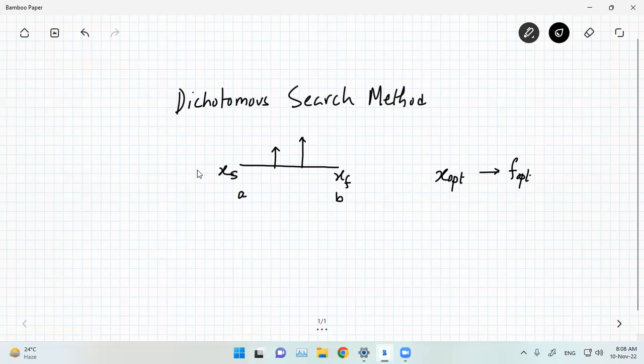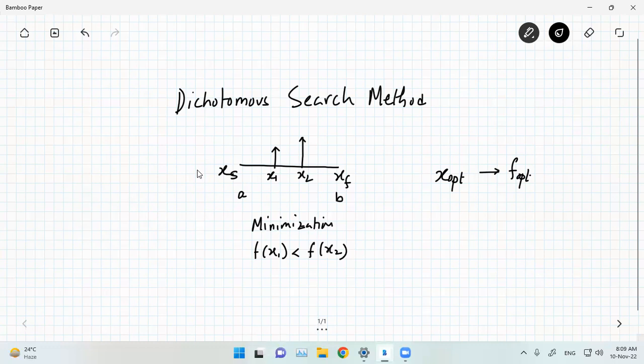In each of the methods, dichotomous, Fibonacci or golden section method, in all three cases, we are just introducing two experiments or two values, x1 and x2. Say this is a minimization problem, and we can see that f(x1) is smaller than f(x2).